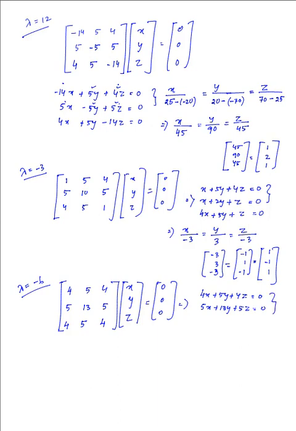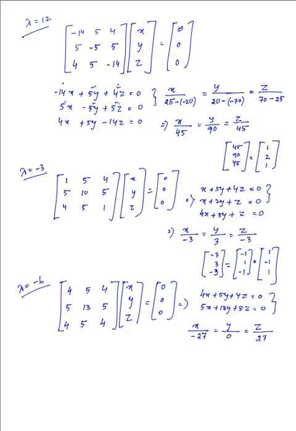So from this we have x over 25 minus 52, that is minus 27, is equal to y. Now that is 20 minus 20, that is going to give me 0, and for z we have it to be 52 minus 25, that is plus 27.